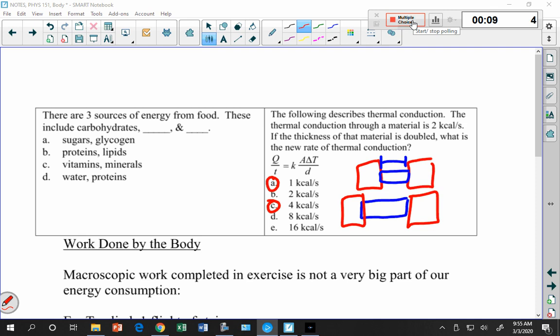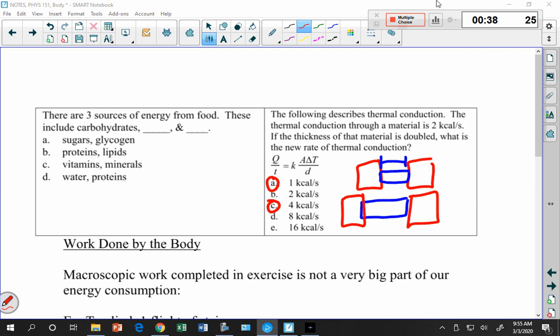And so I'm twice as far away from the original source of energy, where I now have twice the length for it to go through. What's going to happen to the rate of thermal conduction? Will the energy go into me faster, or will it go into me slower? If it's faster, C is the answer. If it's slower, then A is the answer. If I double the length of that material, what happens to the rate of thermal conduction?